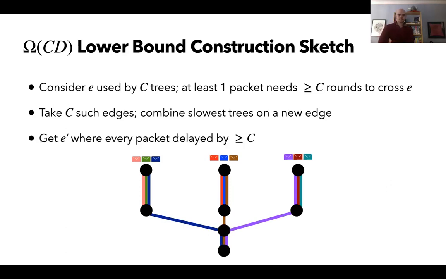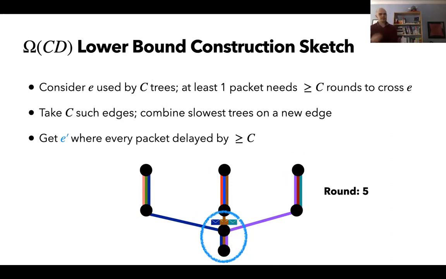Then we'll get a new edge that looks like one of the edges that we started with, but every packet will have accumulated a delay of at least C. So in the first C rounds, these faster packets will go off and do whatever, but then our slower packets will cross these edges and arrive at this new edge that we created, where this new edge is just like one of the edges we started with, but every packet shows up to it after at least C rounds. All right, so this is a nice, useful gadget from elementary observations.